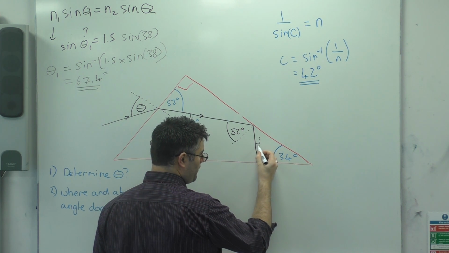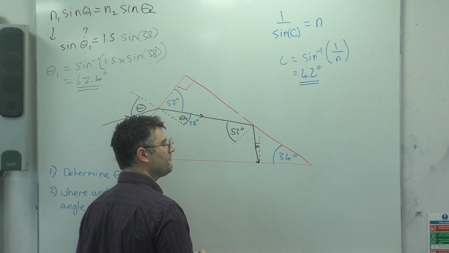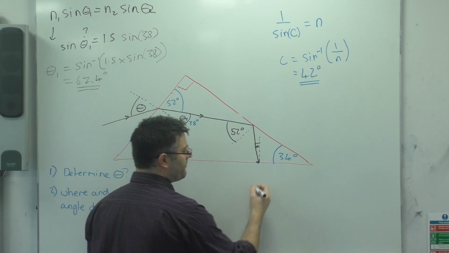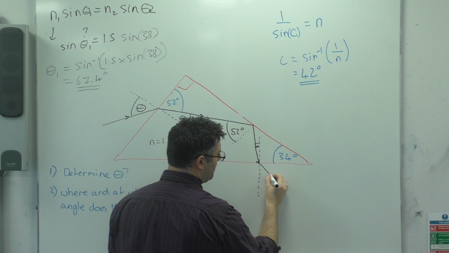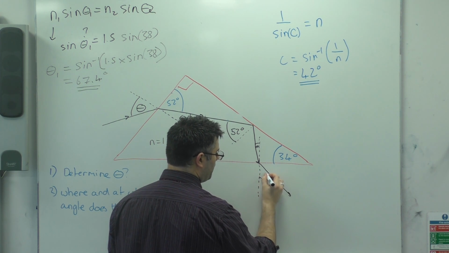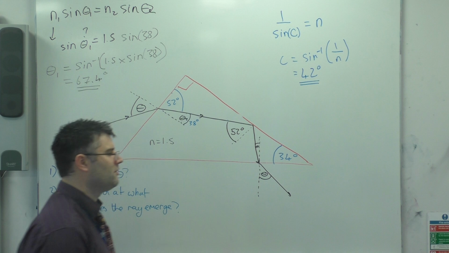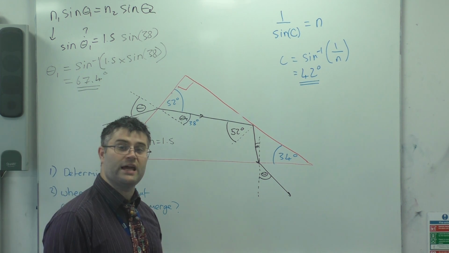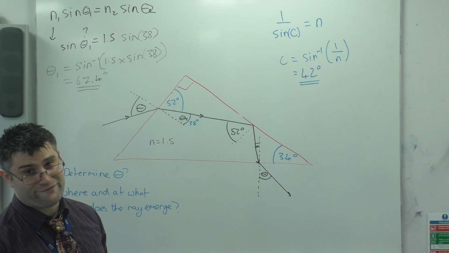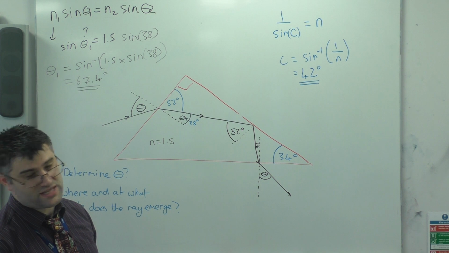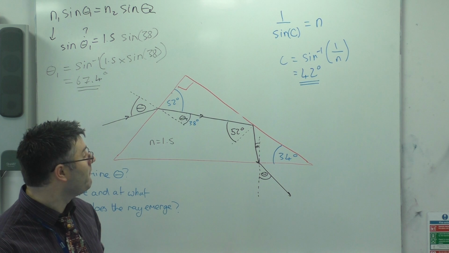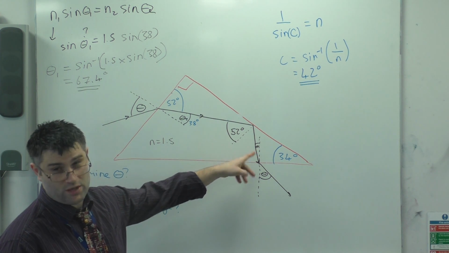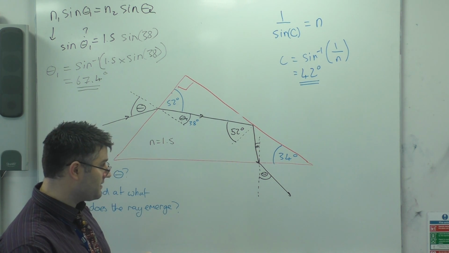We need to know what this angle is right here, because if we know that, we can work out what this angle is going to be. We are expecting that it probably will refract out at this point, because the angle looks fairly tiny from the geometry, but when we work out this angle, we'll determine whether or not it will totally internally reflect at this point here.